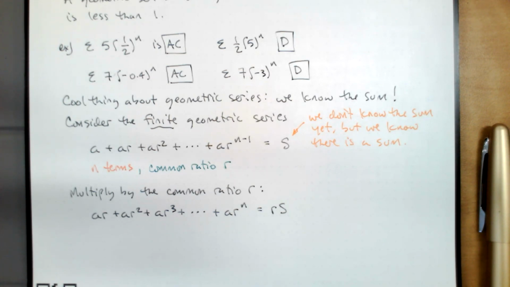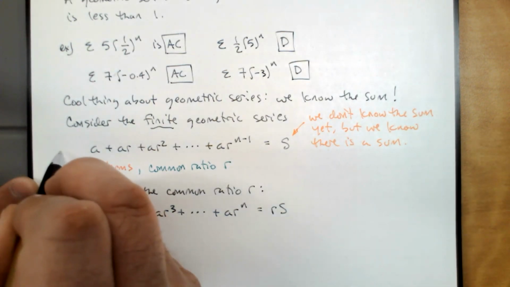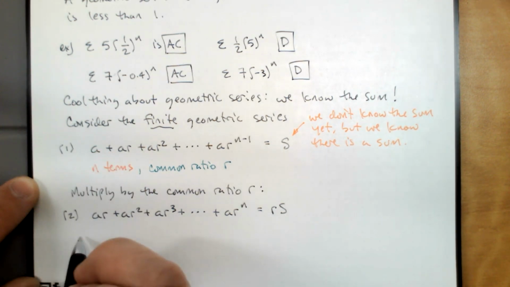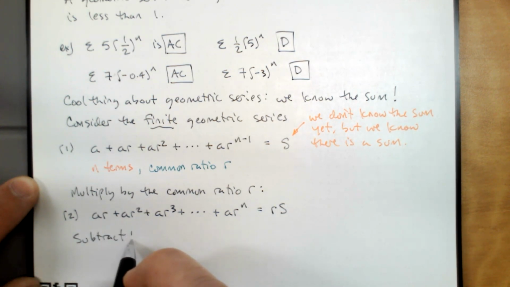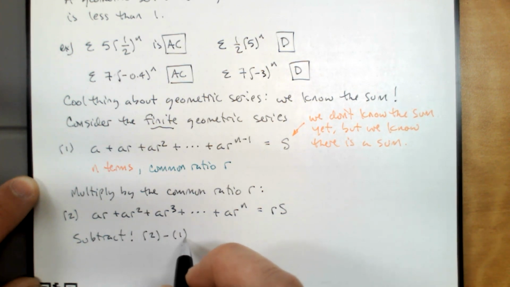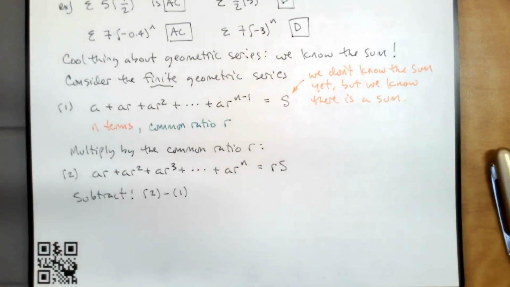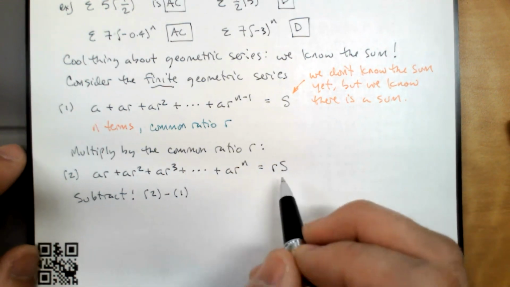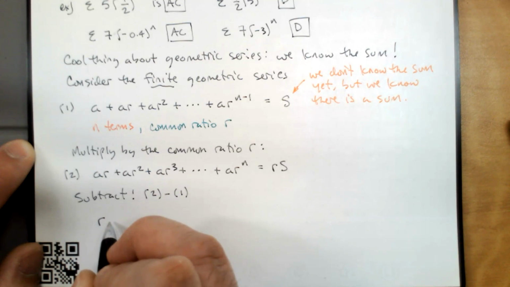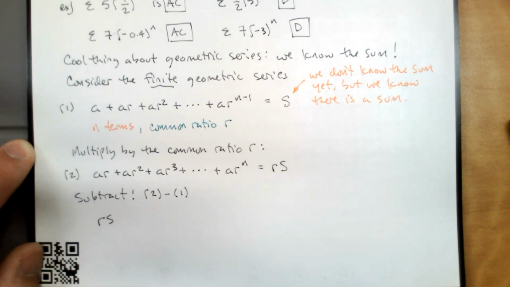Now I'm going to subtract. If I label this as line 1 and this as line 2, we're going to subtract. I'm going to take line 2 and subtract line 1, so I have rS minus S. Actually, I want to do it the other way around.